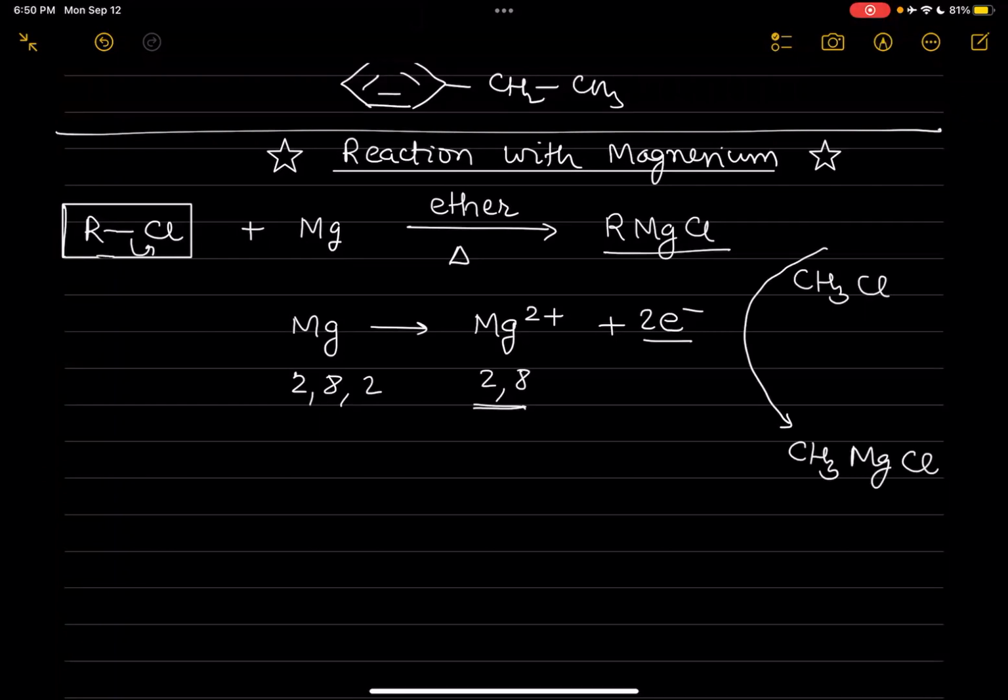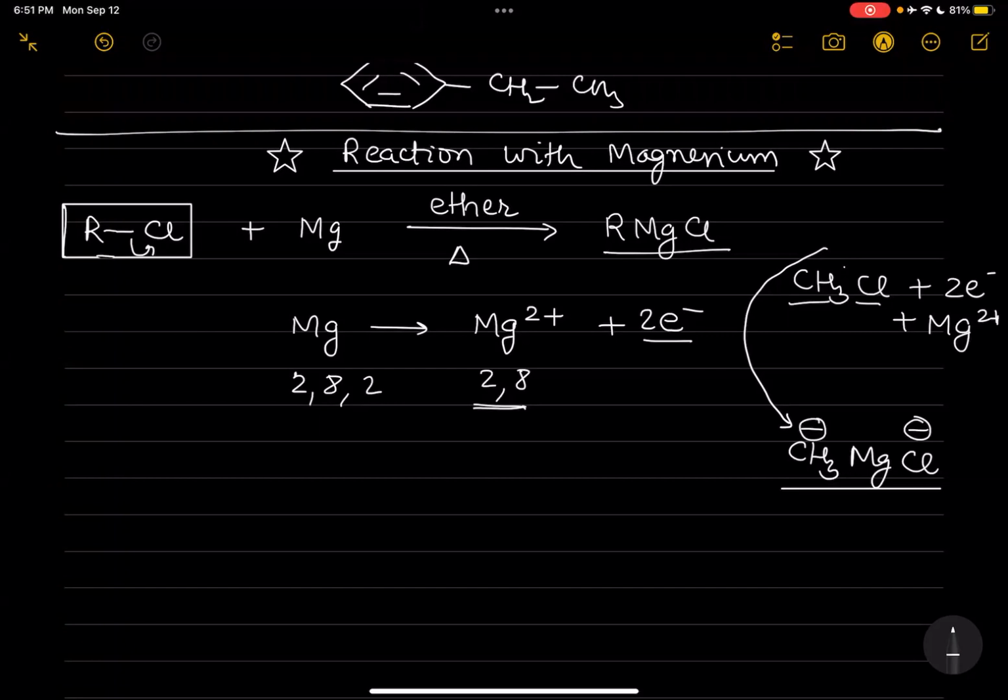Those 2 electrons are taken by CH3 plus, which becomes CH3 minus. So CH3 minus is there, Cl minus is there, and Mg2 plus is there. Okay, that's how you get it.